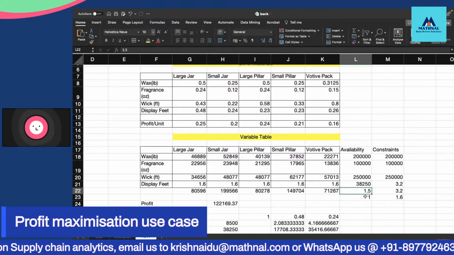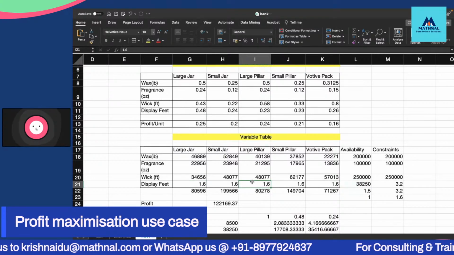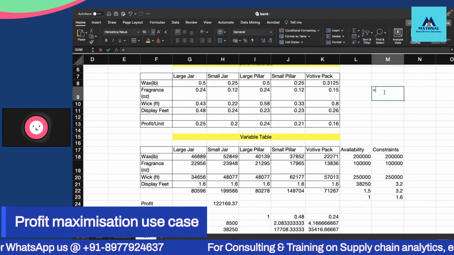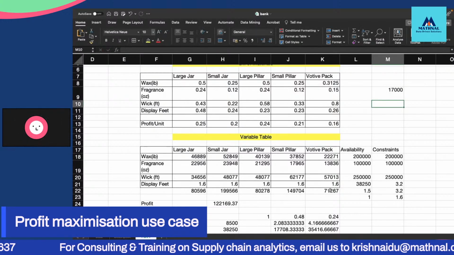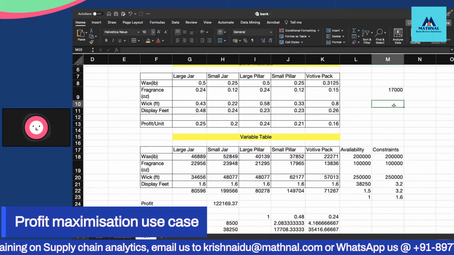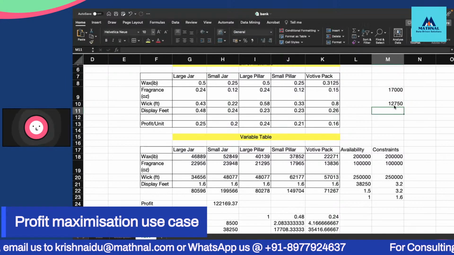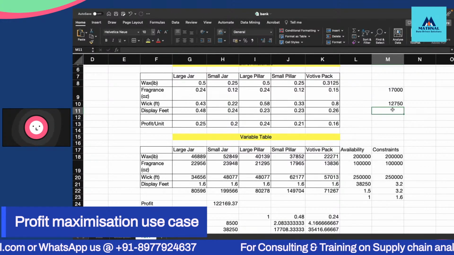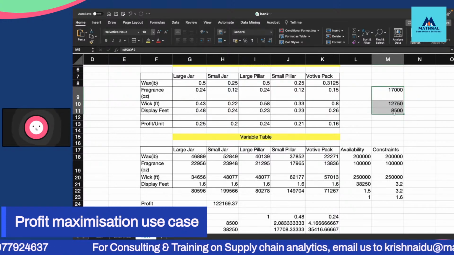This is the space we have. So let me say 8,500 into 2, plus 8,500 into 1.5, and then the last one is 8,500 because we need only 1 foot. Add these three, I get around 30,025. That is what we're getting over here.